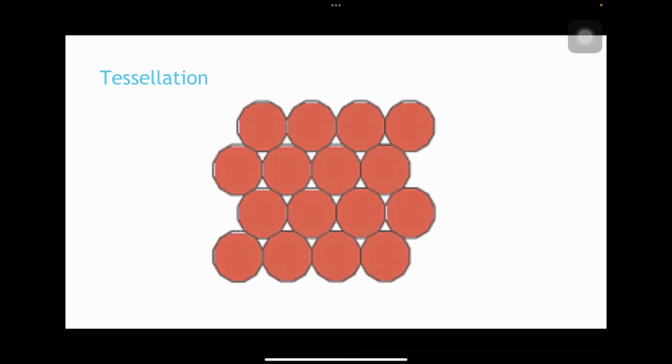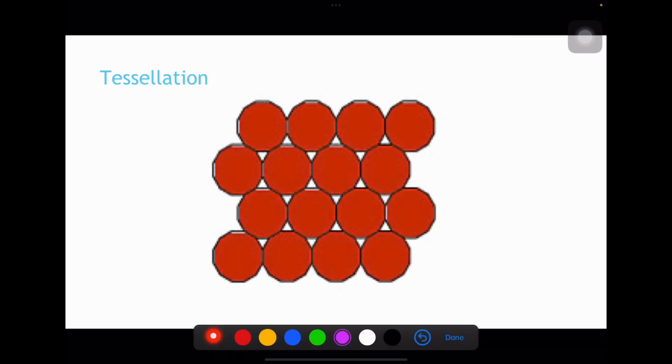Okay, another tessellation. This is made of 12-sided 2D shapes, and you can see that smack in the middle there's a triangle. Find one vertex.